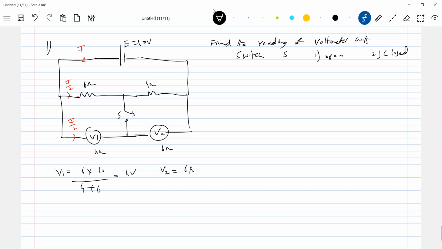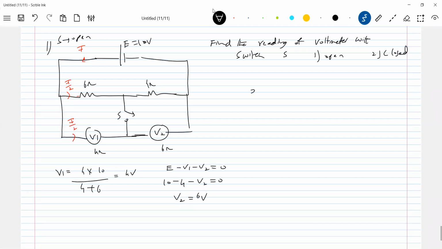V2 will be 10 minus V1, applying KVL: E minus V1 minus V2 equals 0. So 10 minus 4, what is the drop? Drop is equal to 6 volt. This will be the reading of the voltmeter with switch S open.